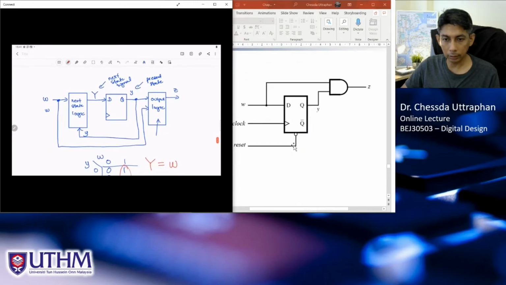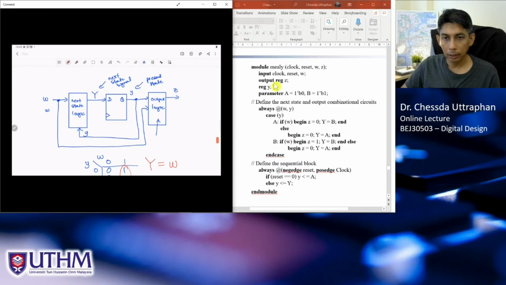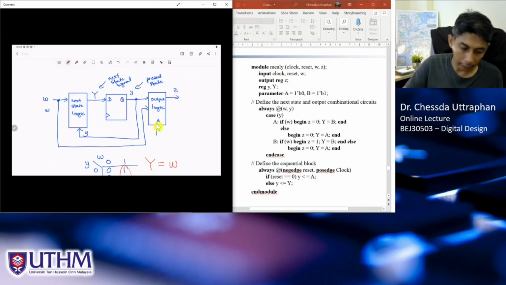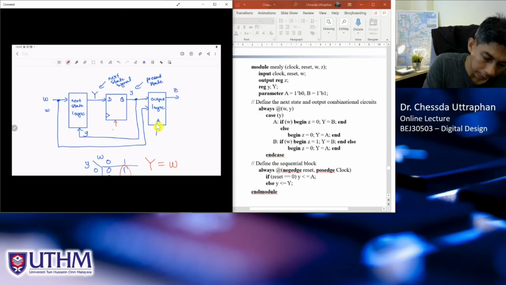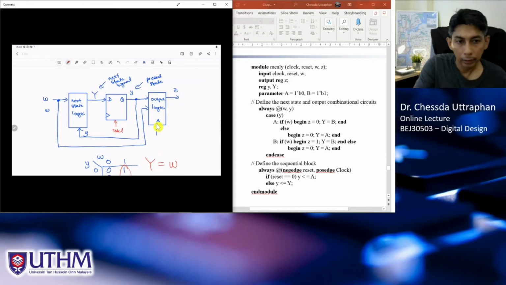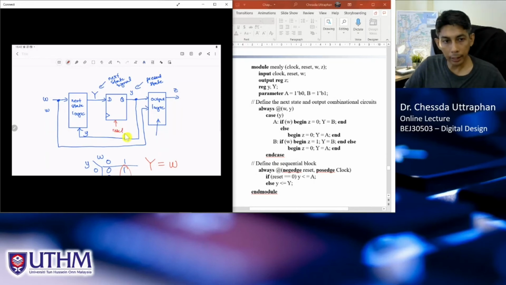Okay, now let's derive this. So we have module name. For example, we name it milli. We have clock. So this is the clock. The reset. Of course, we need a reset signal. The W, and the output Z. Okay, we have that.